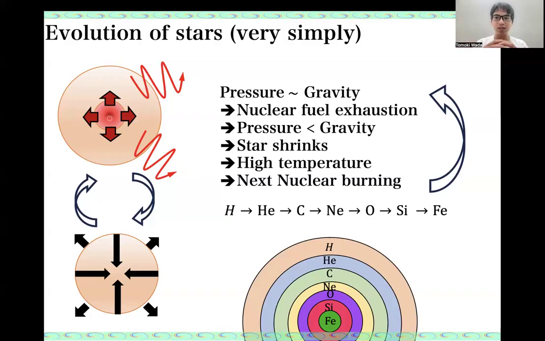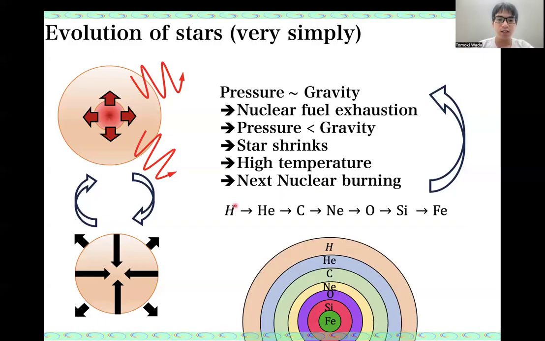So as a result of this compression, the center of the star becomes high temperature. It's a kind of thermodynamics. And when temperature increases due to this shrinking, the next nuclear burning occurs.